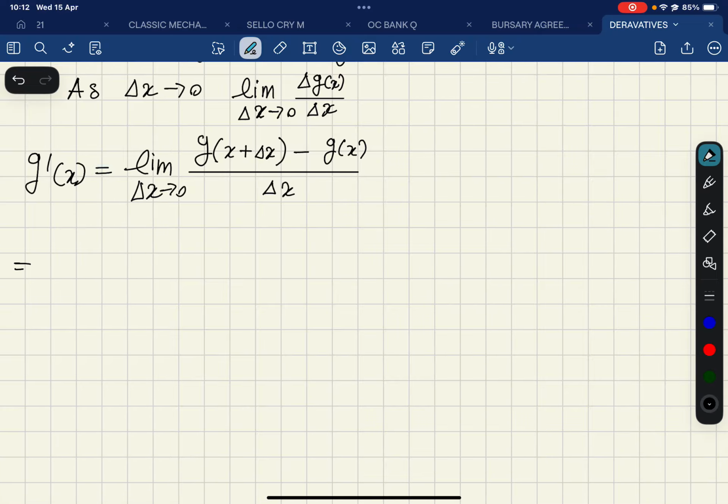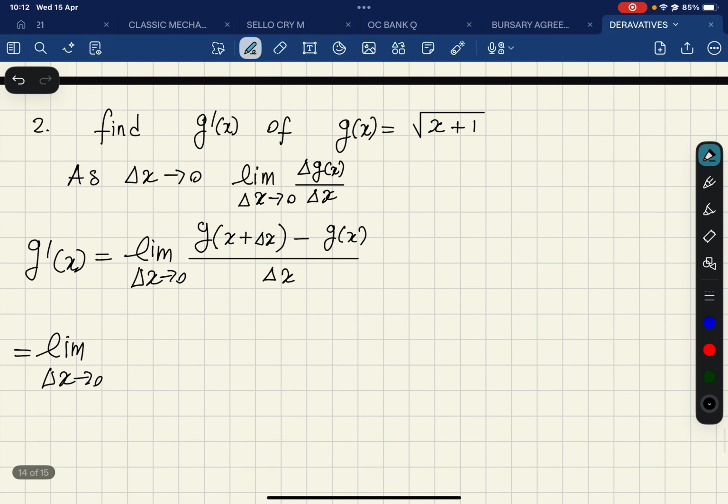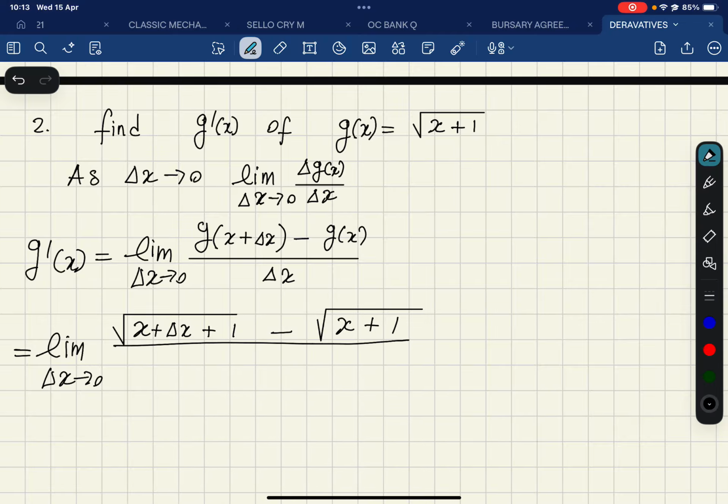From there I will have equal sign. I still have my limit as change in x approaching 0, which means in my square root where I see x, I will add x plus change in x, so I will have square root of x plus change in x plus 1, minus the other side, square root of x plus 1, all divided by the change in x.